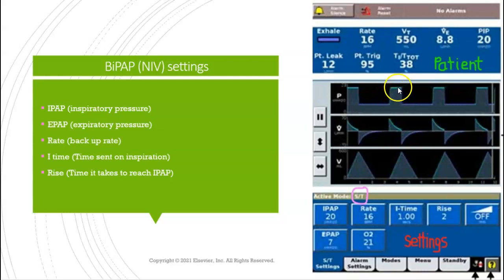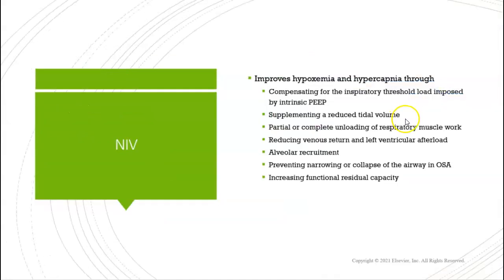So it changes the slope of this line here. I can have it be more like a box, or if I want a slower rise, it might look more like a triangle, because it takes me longer within that inspiratory time to get up to that pressure. We will go through why you choose what you choose in depth later on, but this is just to give you some explanation of the settings.